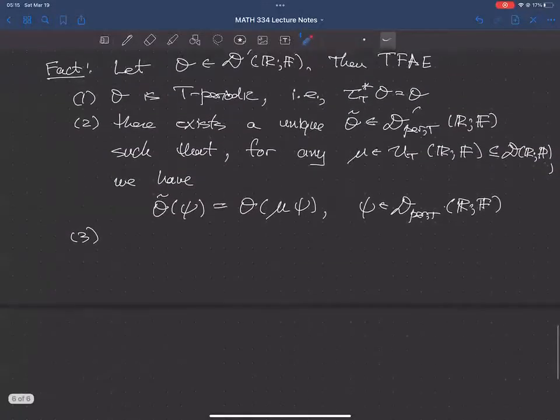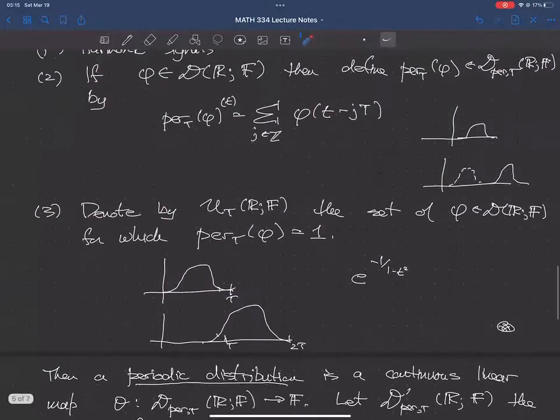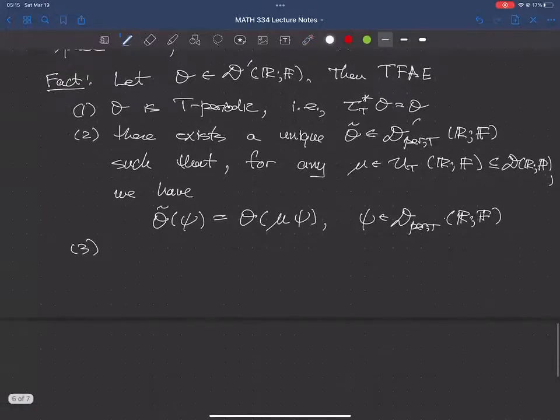Okay. And then finally, let me express this same kind of condition, but in a different way. Okay, sort of more or less making reference to periodization.